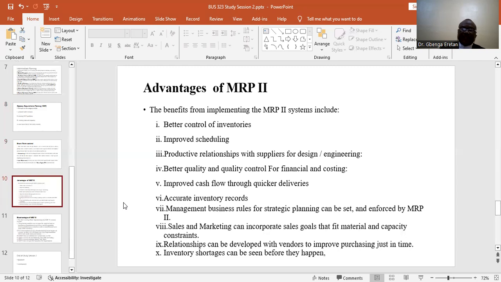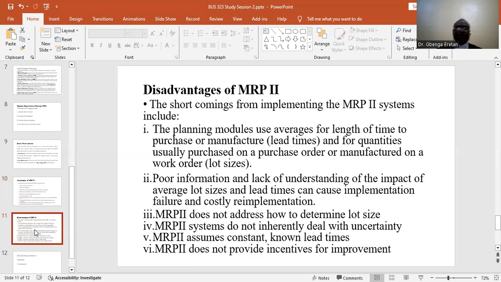Sales and marketing can incorporate sales goals and fit properly into the capacity. It builds relationships between the vendors and the vendees, and inventory shortages are prevented to the barest minimum.